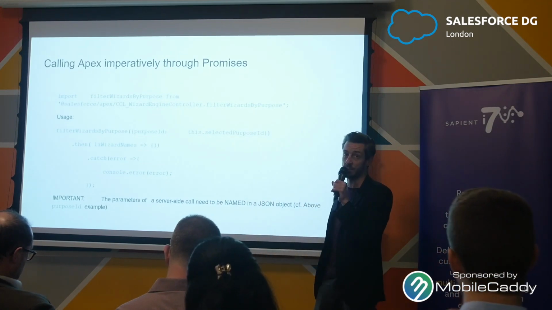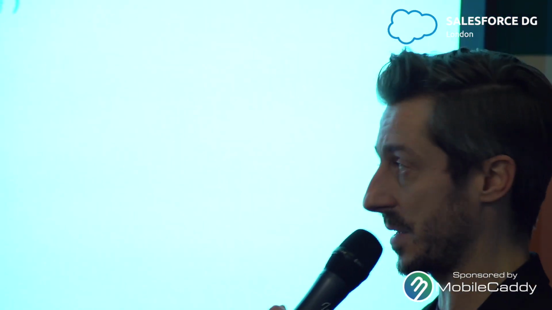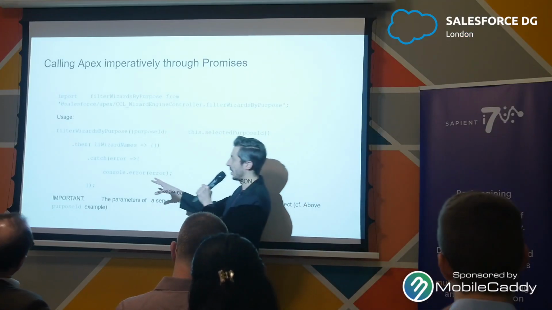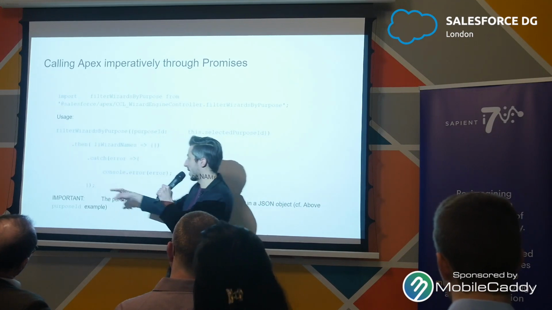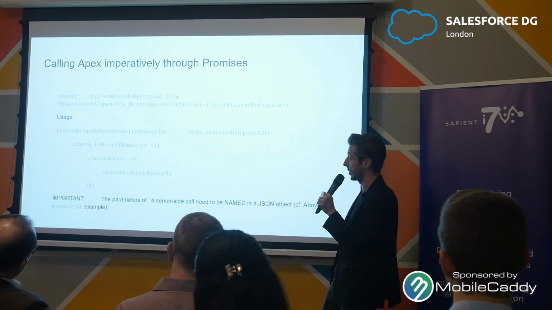There are different ways of doing promises. You have async await for people who are into the most modern version of JavaScript. But I think they removed it from LWC for some reason, because I think it was creating some issues. So we'll stay with the old school promises way of writing it, but I'm very happy about that. Promises are amazing. If you don't use them, you really need to learn how to use them.